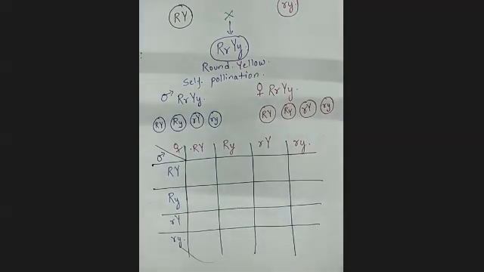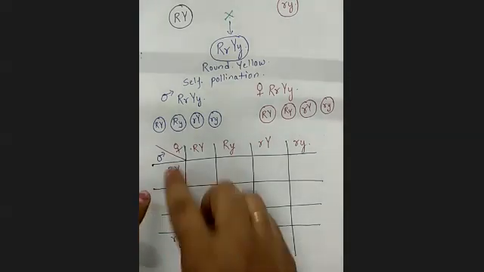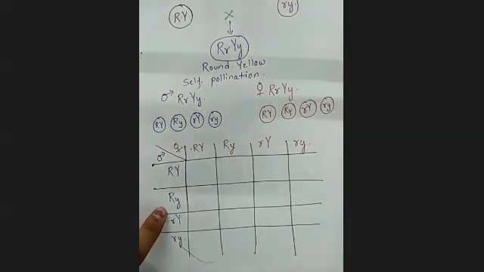Now just start doing the fusion. Fine. Let's start the fusion over here. If you got these types of pollen and these types of ovules, then the result was like this.